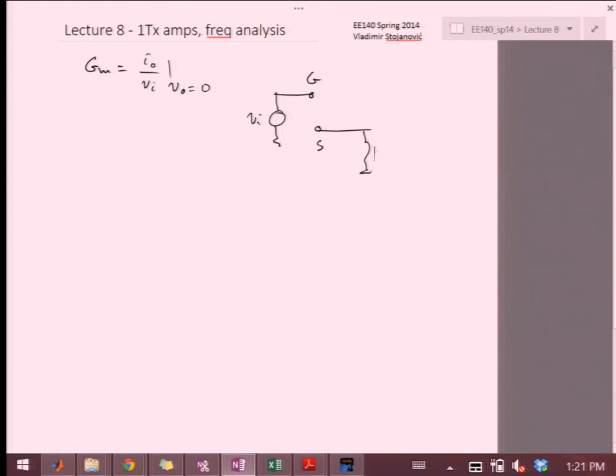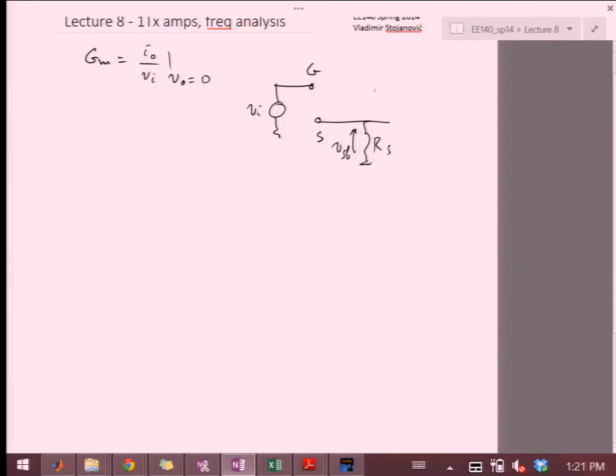Again, we have RS and VSB, and then here I have my r0, and then I'm grounding this node. So I'm looking at this as being Iout.